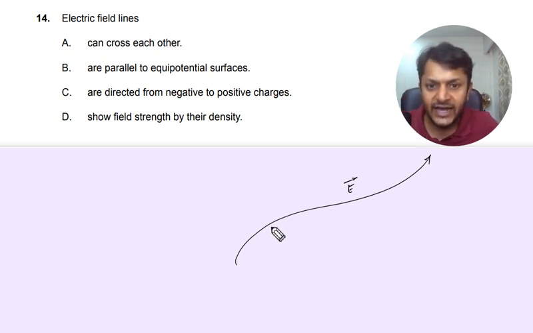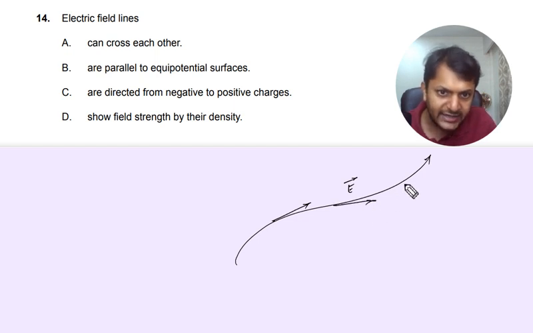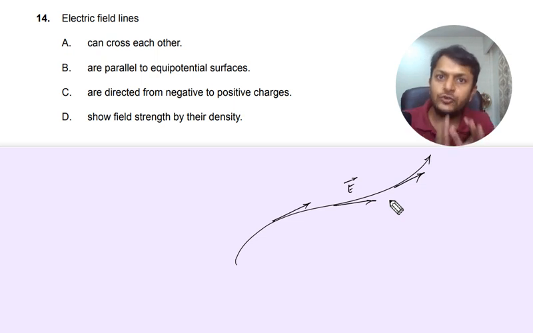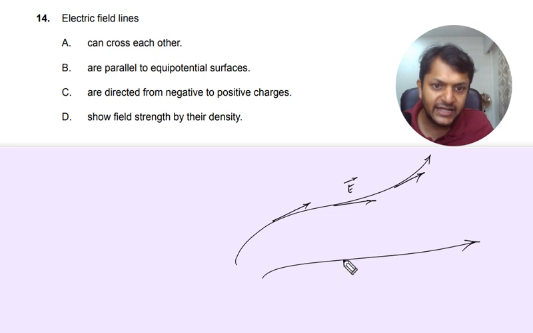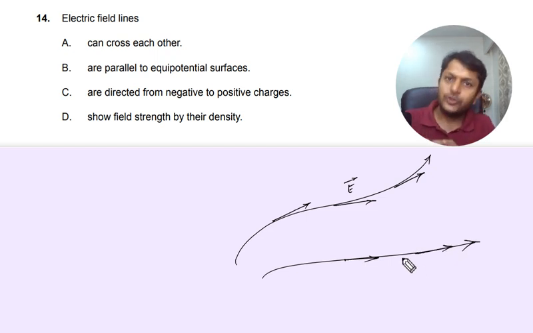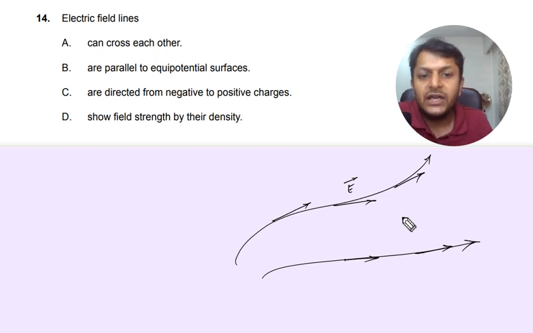Technically, it is defined as the curve such that the tangent to it at any single point gives you the direction of the electric field at that point. This is how we define it, and this is how it looks. It could be anything like this, and then you can find the direction of the electric field at this point. It will be tangential here, like that. So whatever be the direction.